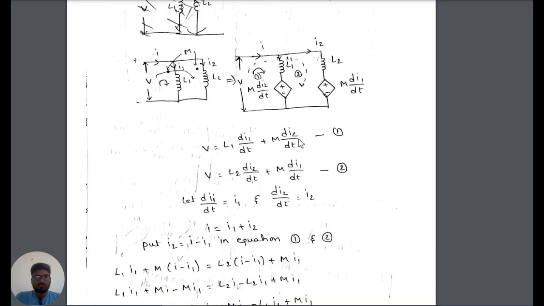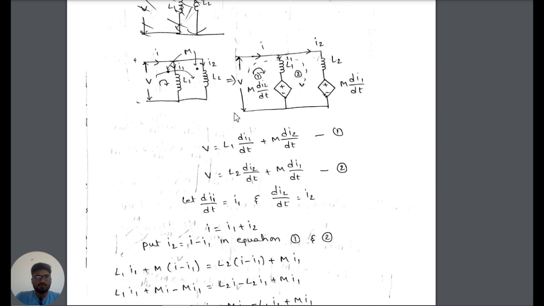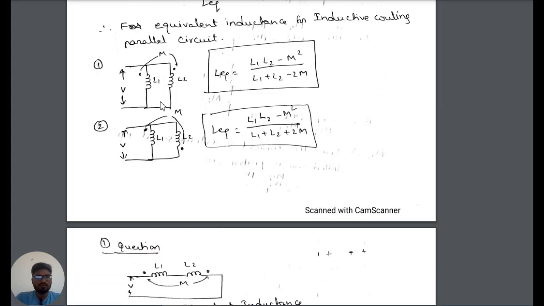Inductive coupling in parallel circuit. As we are discussing, it is in a commutative way. So the equations I have given here, you can go through, and this document will be placed in the description section. The final output is the only important thing.